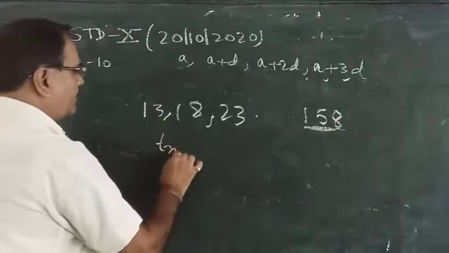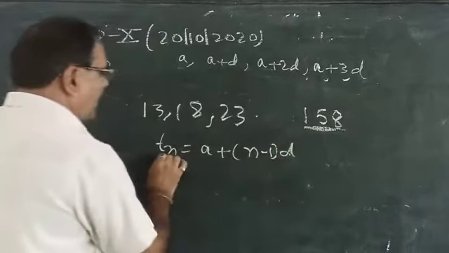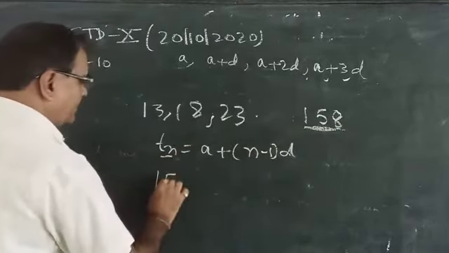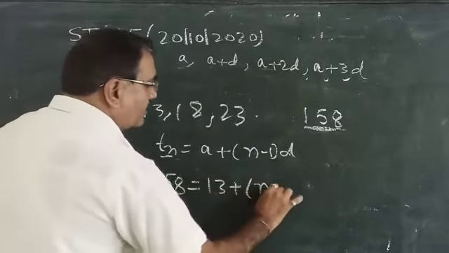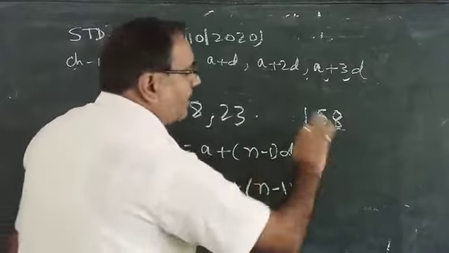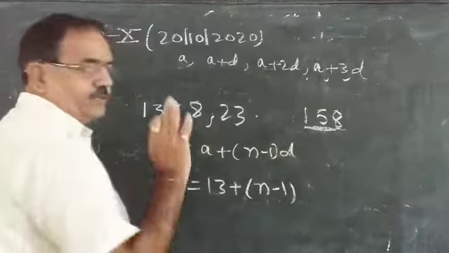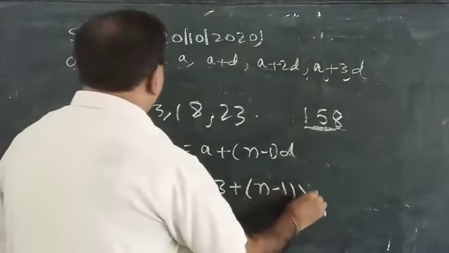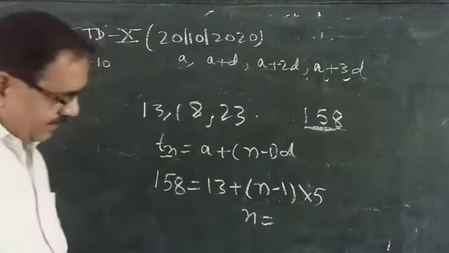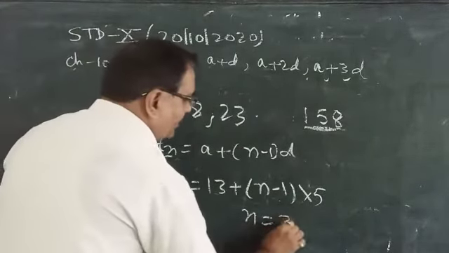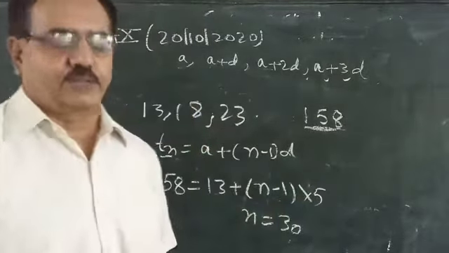So we will use the formula Tn is equal to a plus n minus 1 into d, and the last value is given, 158. a is 13, d is 5, n is not given. In this series, total how many terms is not given, but the last term is given, 158. Put the values and solve. You will get the value of n. The n value is 30. Means this series contains total 30 terms.